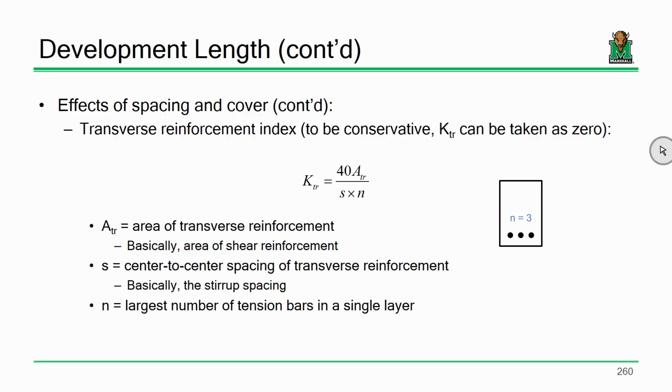You take the area of transverse reinforcement, which is basically the area of your shear stirrups. You take the center to center spacing of the transverse reinforcement, which is just your stirrup spacing, and then the largest number of tension bars in a single layer, so that'd be an N of 3, and just take those values, plug and chug to get a KTR, as you see here, and KTR is measured in inches. So, all right, sound good?